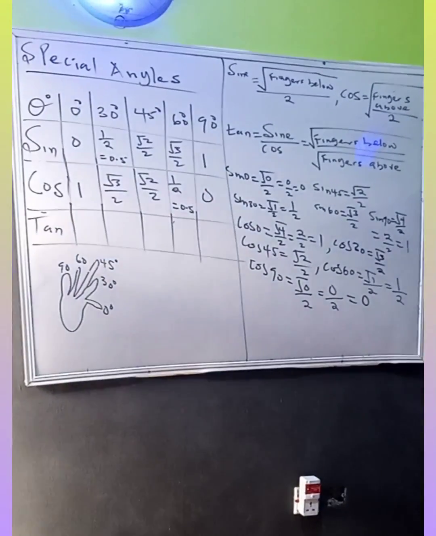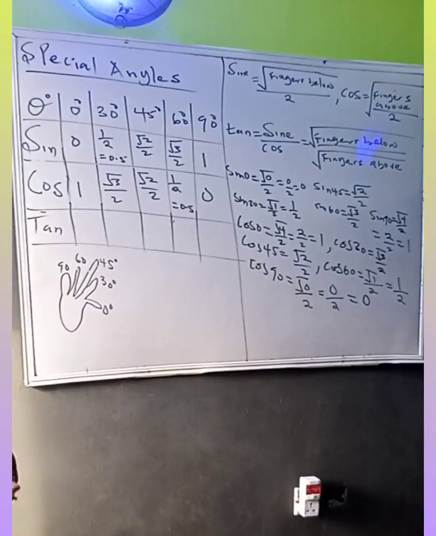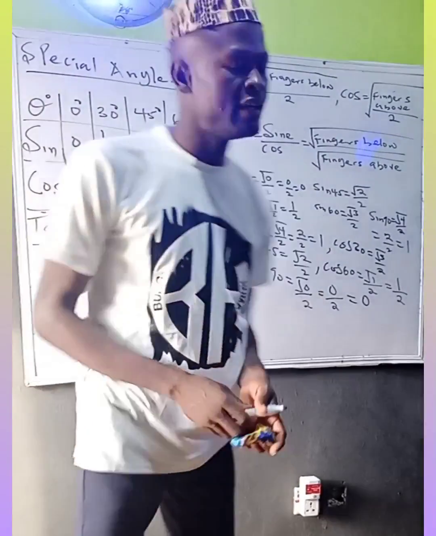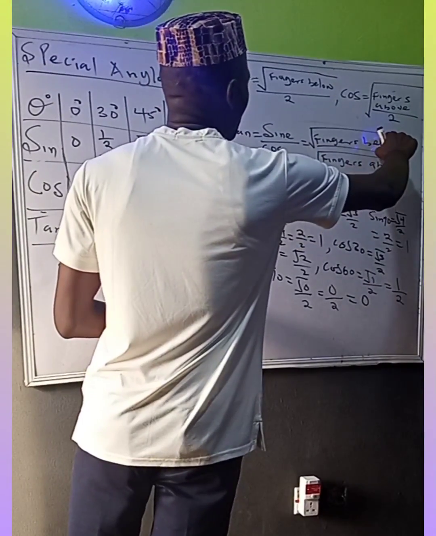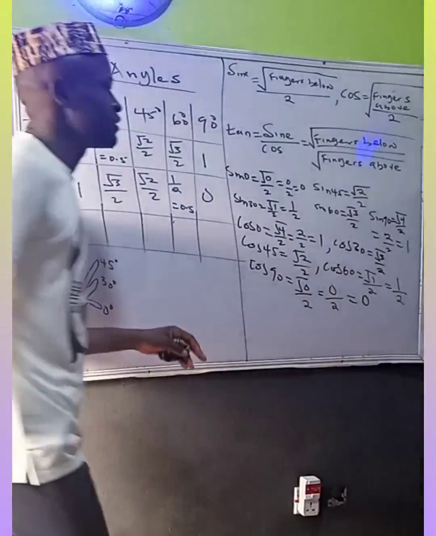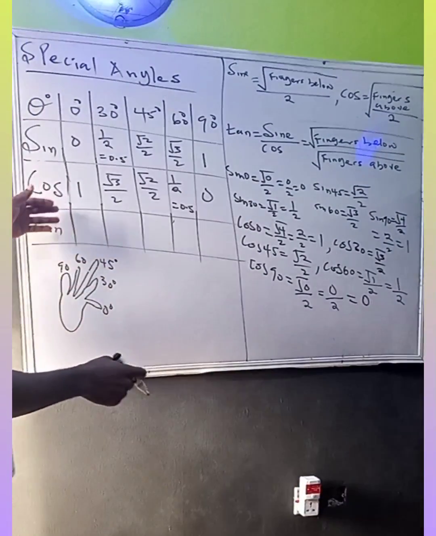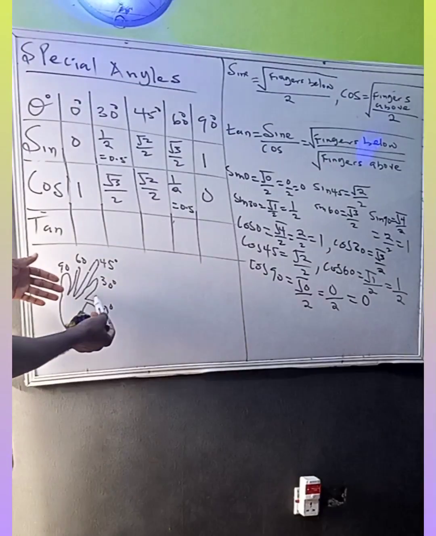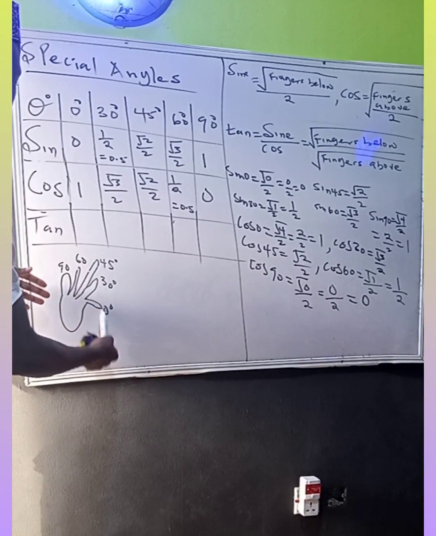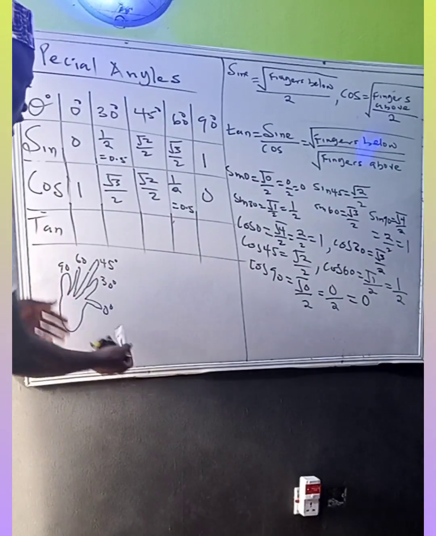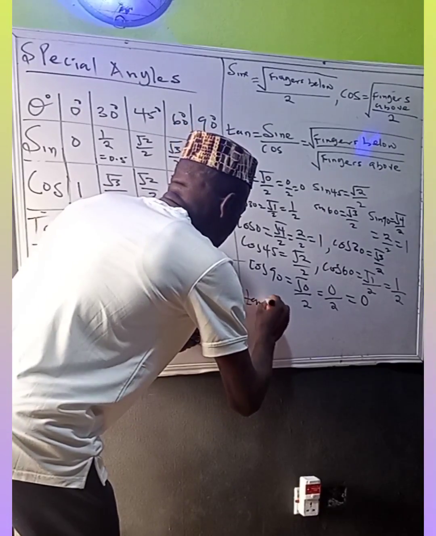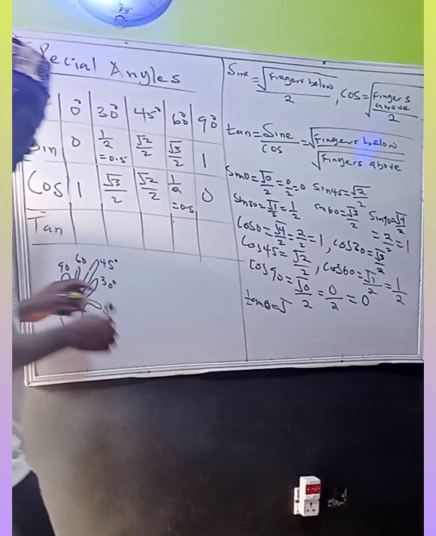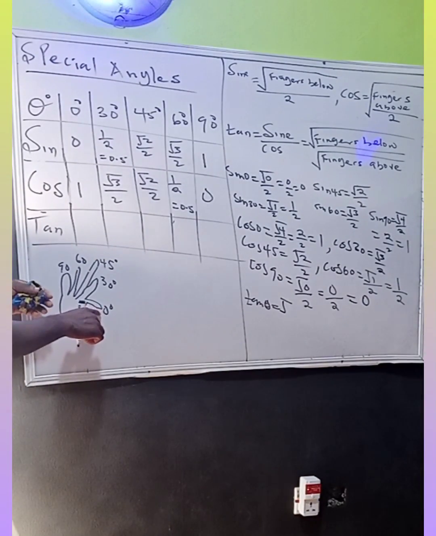We now move to tan. For tangents, let's see what we're going to have. Tangent becomes square root of fingers below divided by square root of fingers above. So for tan 0, how many fingers do I have below 0?